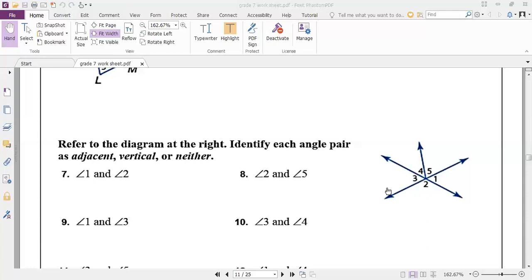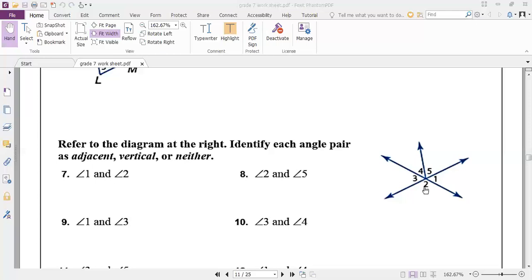Again, grade 7. Angle 1 and angle 2, we can call them by two names. The first one is adjacent angle. Why adjacent angle?